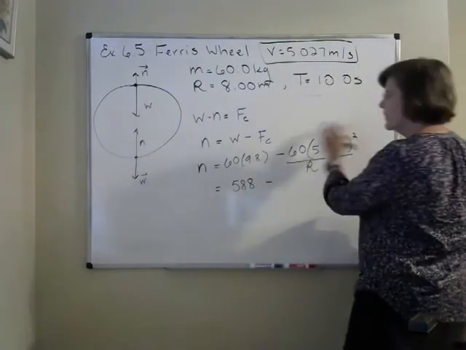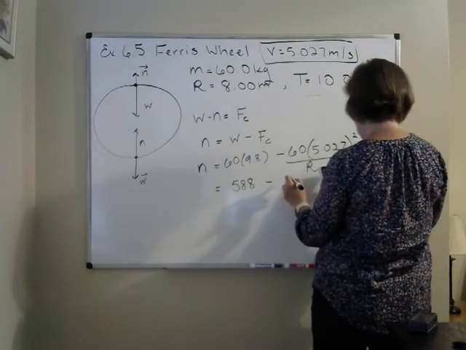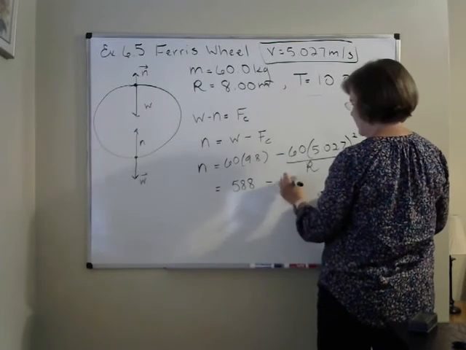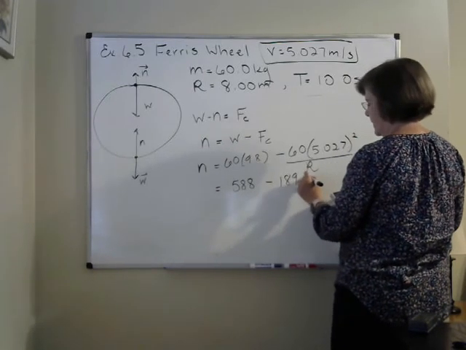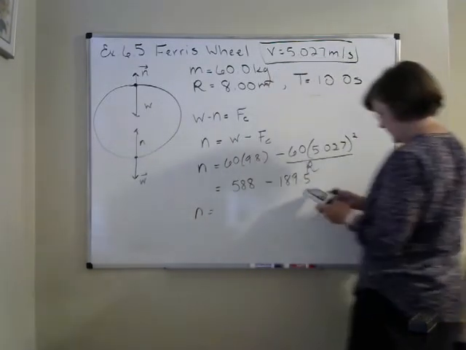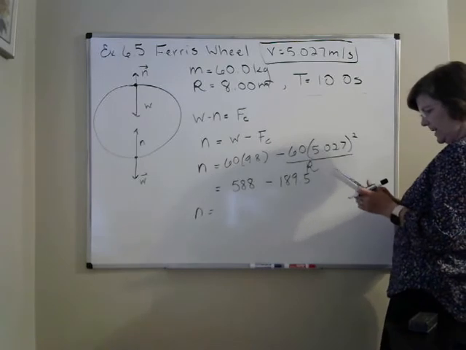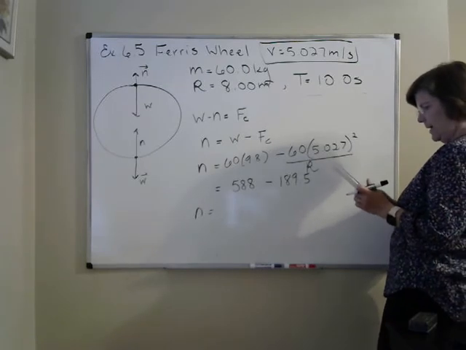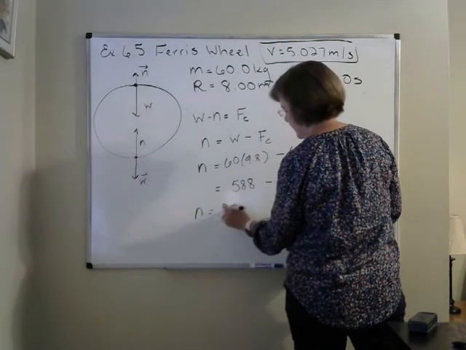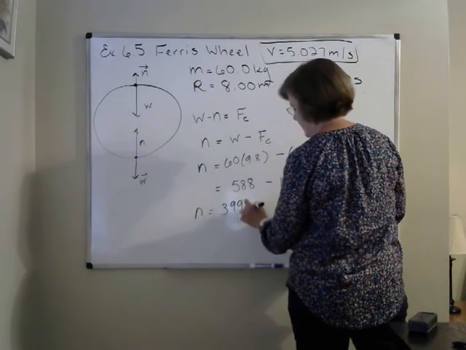The centripetal force, we already calculated it once, was 189.5. So at the top, our normal force, 588 minus 189.5, is only 399 newtons.